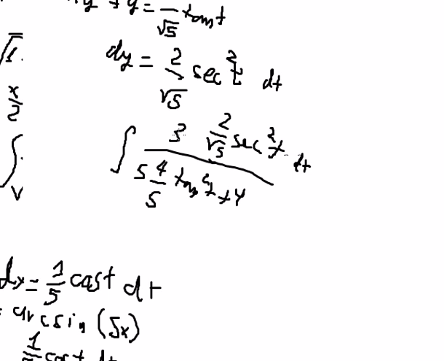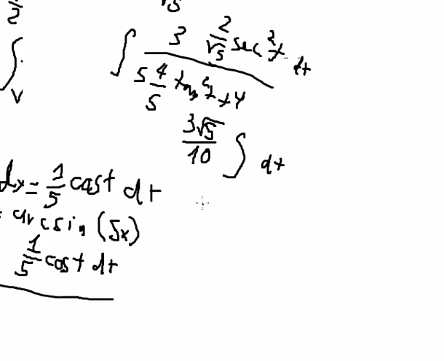So you got 3 over 4 multiplied with 2 over the square root of 5. That should be 3 multiplied with the square root of 5 over 10 dt, because tan t squared plus 1 equal to secant t squared. That's why they cancel on numerator and denominator.